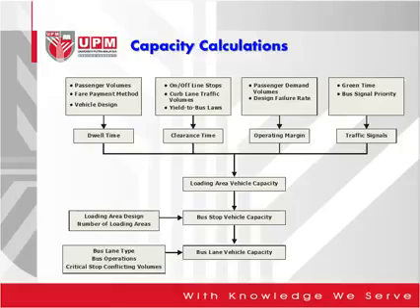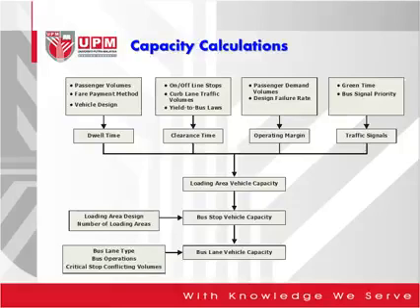Operating margin depends on the passenger demand volume and also the design failure rate. And the last one, the traffic signal, depends on the green time ratio and also the bus signal priorities. And we will look at this in more detail in the next chapters about bus signal priorities. Collectively, all these factors determine the loading area capacity.